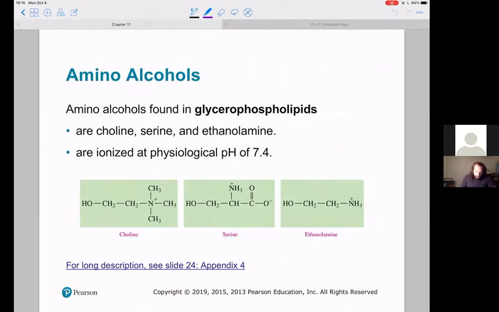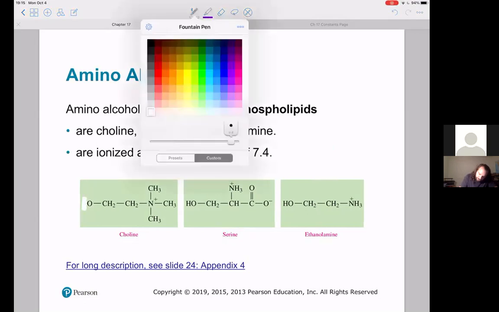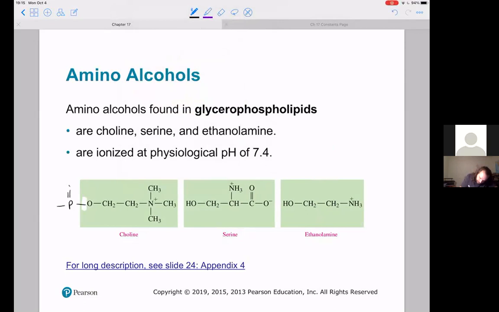Amino alcohols, what the heck are we talking about there? So these are the three amino alcohols that we're going to be talking about that are a part of both the glycerophospholipids as well as the sphingolipids. You can see that they all have, so this is the portion that would be connected, let's actually draw it here, connected to the phosphorus, all right, so this would be the phosphoester bond, P. And then it's connected to either the glycerol in the case of the glycerophospholipids or the sphingosine in the case of the sphingomyelins.